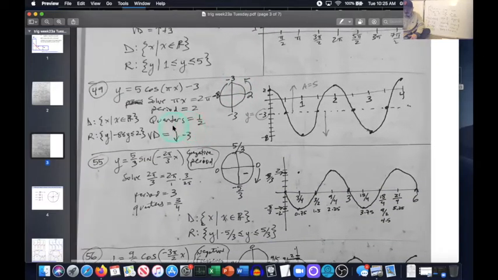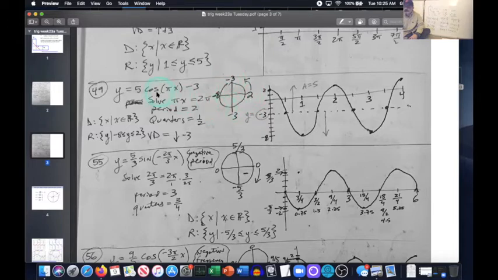Okay. And one of the reasons we have the pi as part of the domain expression is that it enables us to have non-pi units on the x-axis. And so that's part of the reason why that happens. And again, this is the cosine. So normally it would be 1, 0, negative 1, 0, right?